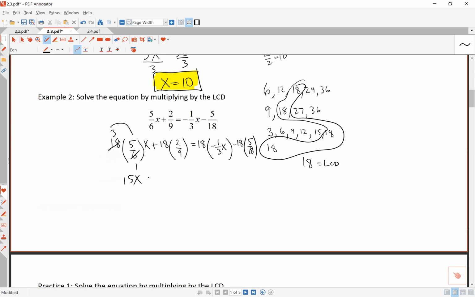And 9 goes into 18 2 times, and that leaves us with 4 then. 3 goes into 18 6 times. That's going to be negative 6x. And 18 over 18 is 1. That's going to leave us with minus 5.